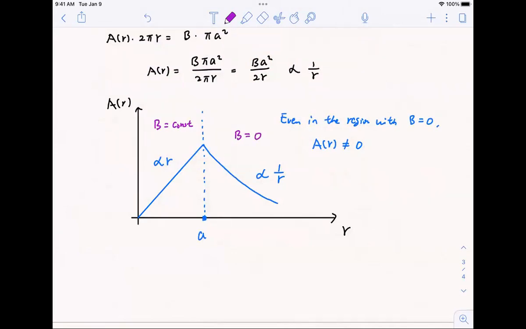You can see that the key feature here is that even in the region where the magnetic field is 0, the magnetic potential is not 0. Okay, so this will have some non-trivial effect on the Schrodinger equation.